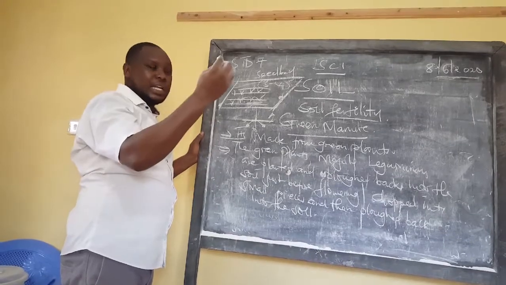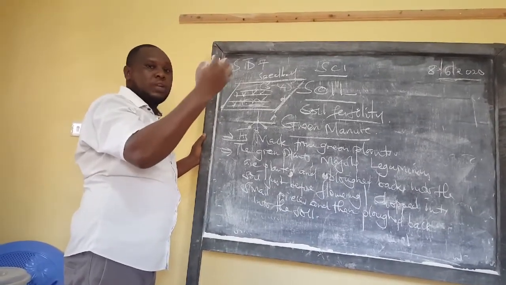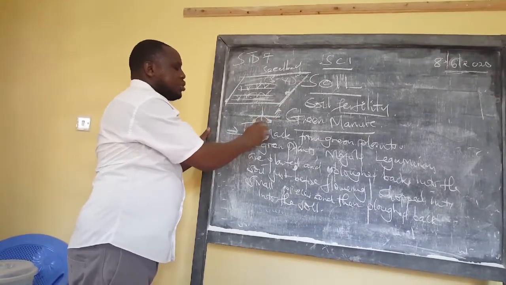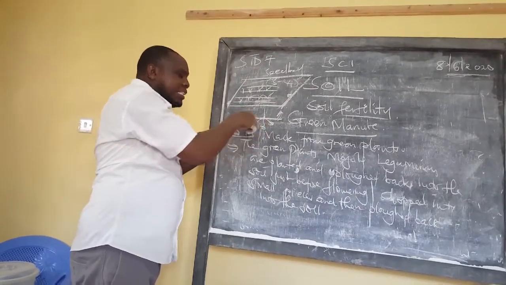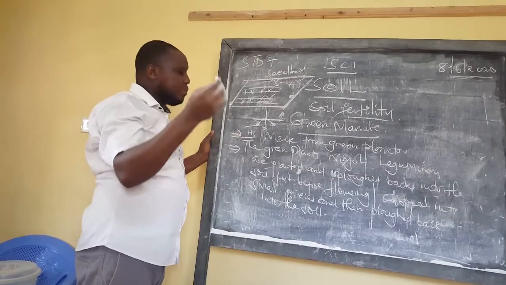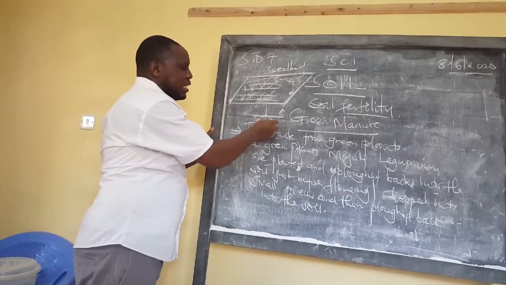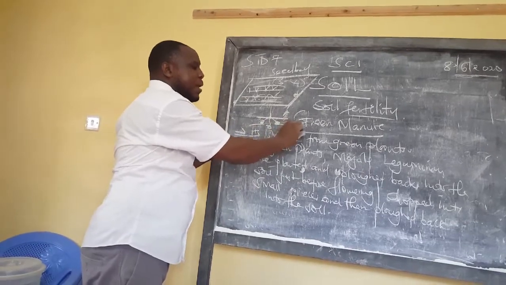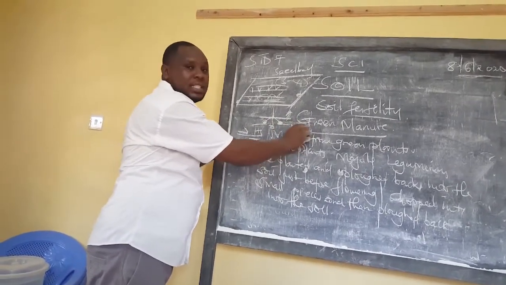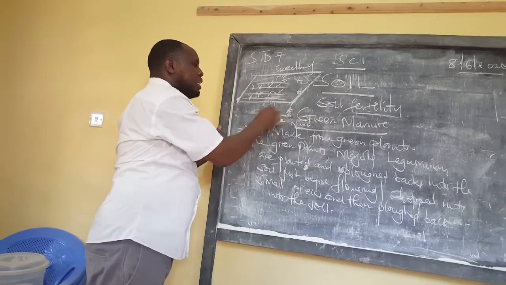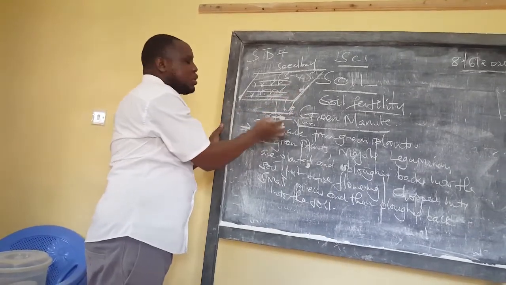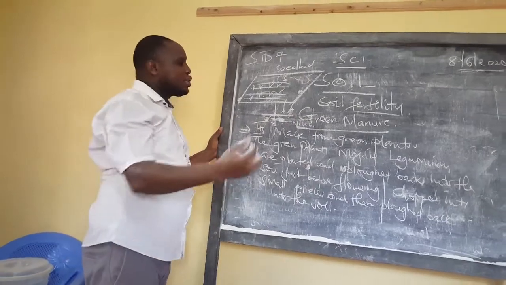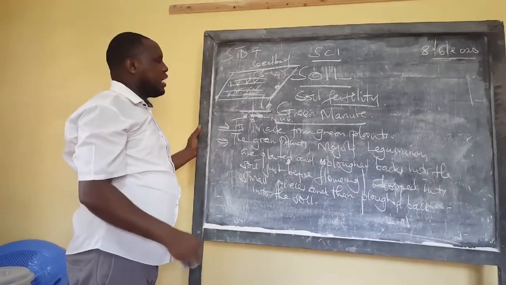So that nitrogen component is picked by these plants using the root nodules, and inside them are nitrogen-fixing bacteria. They utilize that nitrogen and form plant nitrates. These nitrates are fixed in the soil so that any plant you grow there will utilize them as nutrients to enable it to grow and produce high yields.